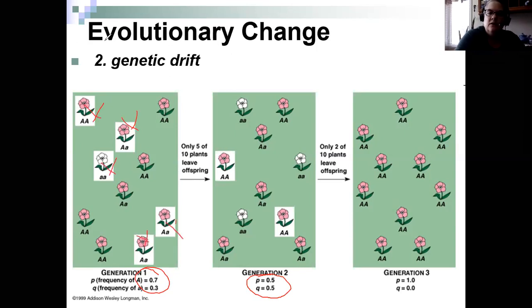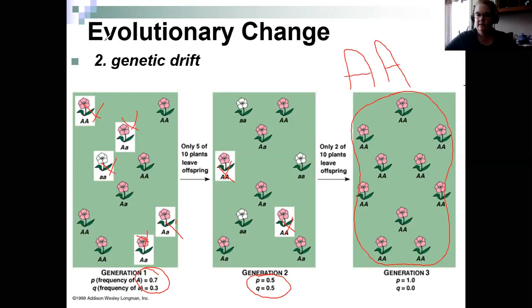Well, now only these 2 plants. So for whatever reason, only those 2 plants left offspring. Maybe the rest of them got peed on, I don't know. But what happened as a result is this whole entire population only has big A's. So 100% of the allele frequency is for the dominant allele, and there's no recessive alleles left. So now it doesn't matter which individual breeds with which individual. You're never going to get a white flower in this population. Okay, so that's genetic drift. Okay, so our subcategories of this.